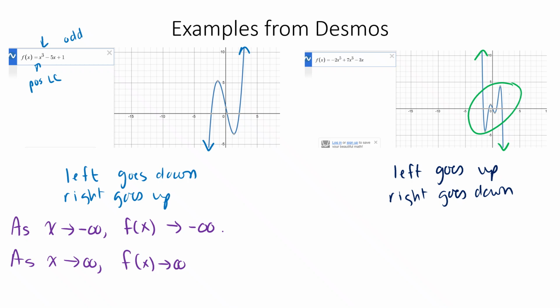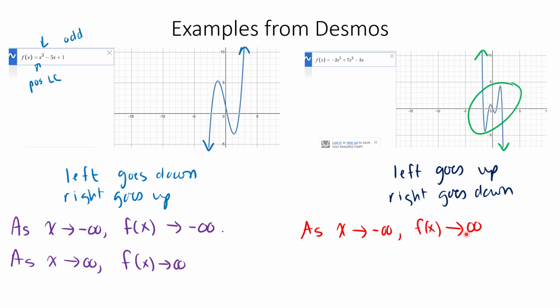Using our more formal notation, we have our fancy way of saying left: as x approaches negative infinity, f of x or y approaches infinity. So not the same answer as over here. This still means to the left as x approaches negative infinity, but this time as I go to the left, it's pointing upwards.